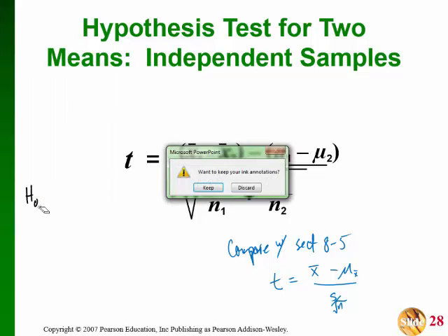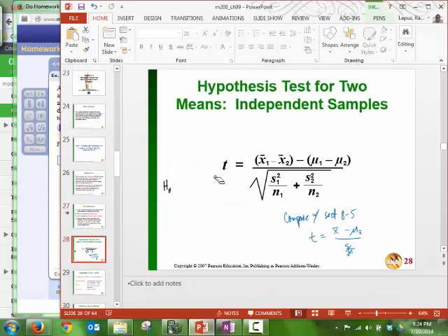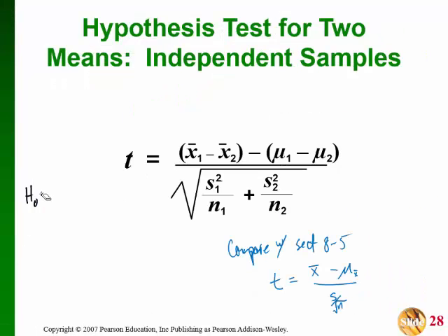So your null hypothesis would be mu1 equal to mu2, and then your alternative hypothesis, mu1 not equal to mu2, mu1 less than mu2, mu1 bigger than mu2.